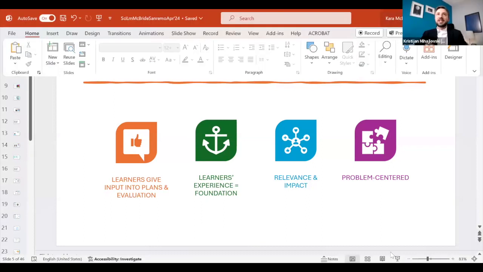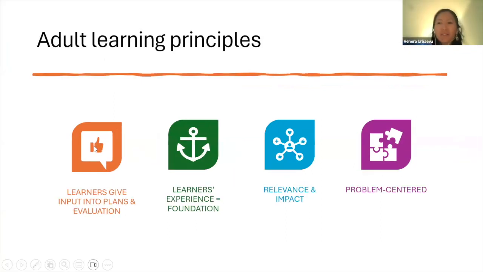I see that Venera's hand is up. Please. Yes. So not a question, but maybe an addition to the last one, problem-centered and also solution-centered, right? Because I also try to make sure that my students are actually equipped with certain tools to be able to actually address those problems, so that we're looking more at the positive side as opposed to just dwelling on the problems.